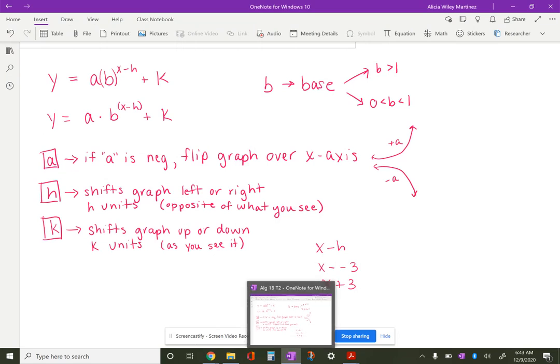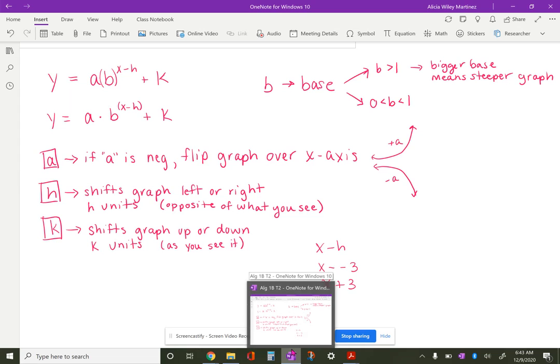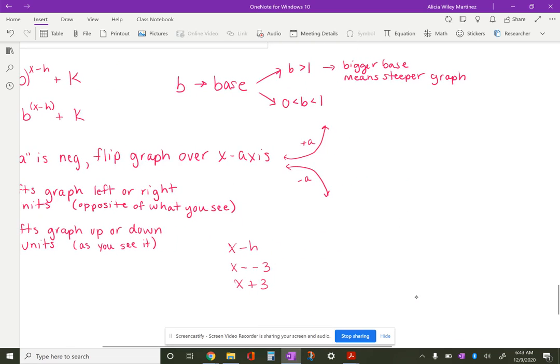So when it's bigger than 1, we would say a bigger base means a steeper graph. The other thing that it means is that our graph is going to go like this. All right.